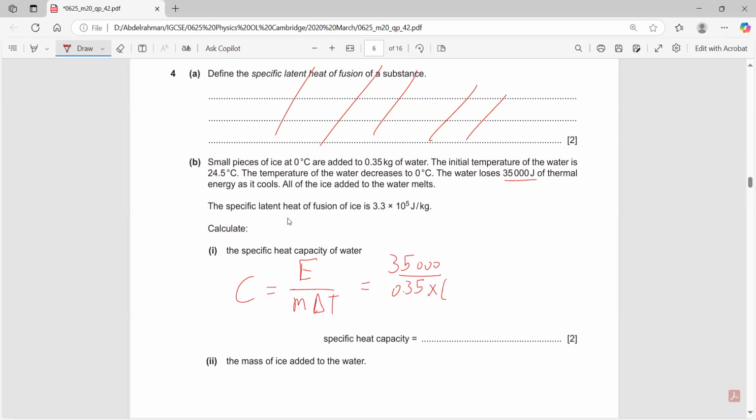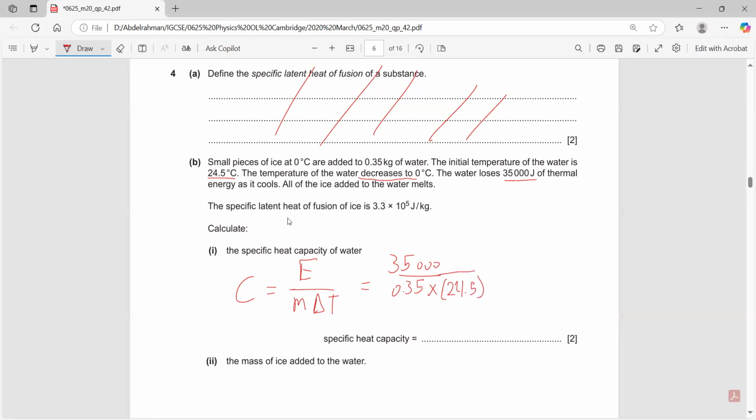The initial temperature of the water was 24.5 degrees Celsius. The temperature of the water decreases to 0 degrees Celsius. So basically 24.5 minus 0. Can I find the C of the water?